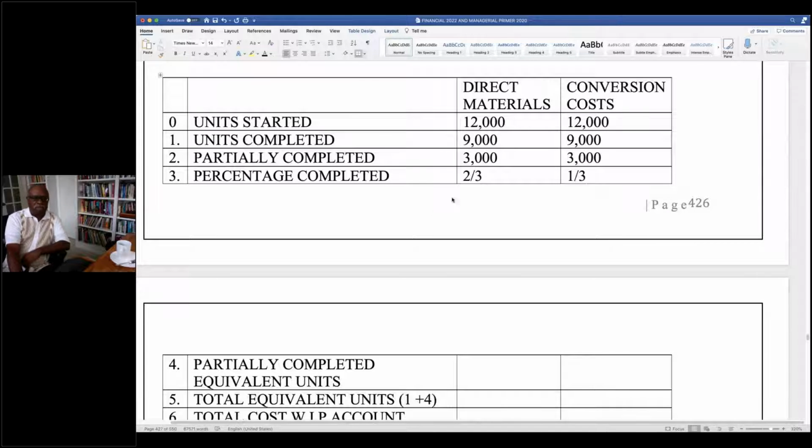So if these are 2/3 complete, what's our partial equivalent units? 2,000. How'd you get 2,000? I did 2/3 of 3,000.